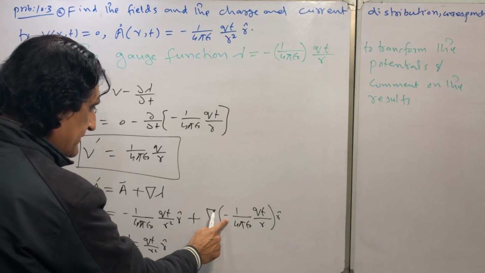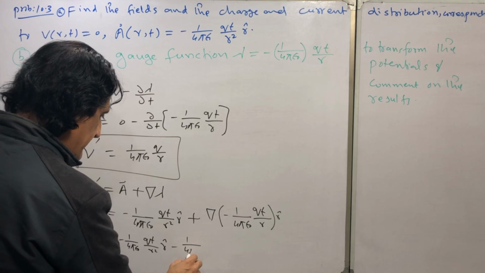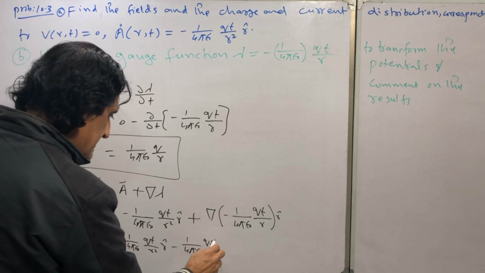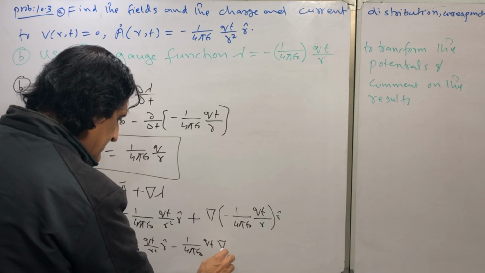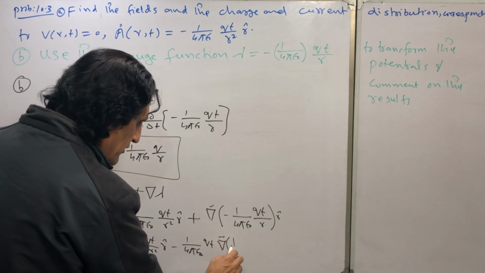We have this minus 1 over 4 pi epsilon naught q t, and the gradient of 1 over r.